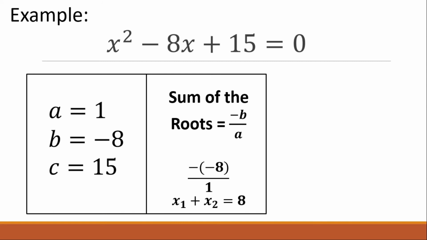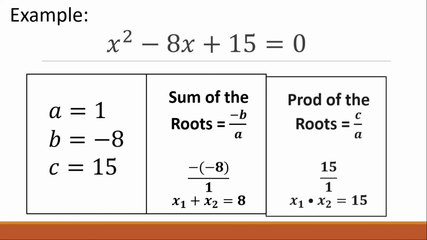So, ang formula natin sa sum of the roots is negative b over a. Make sure lang na mag-iingat kayo sa pag-handle ng formula kasi baka mamaya magkamali kayo ng sulat. So, make sure na naka-parenthesis yan para di kayo malito. Kaya negative times negative 8 over 1 is equal to positive 8. So, itong x sub 1 plus x sub 2 can also be read as sum of the roots.